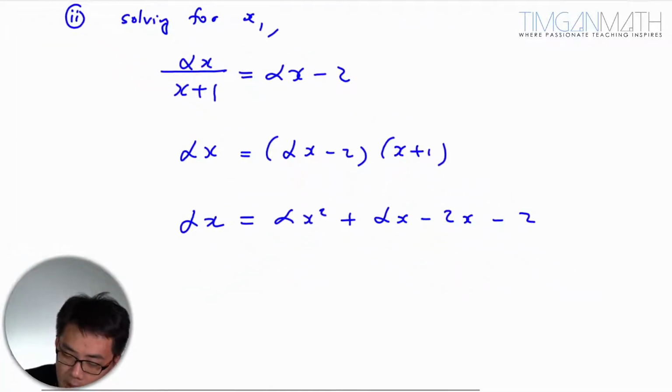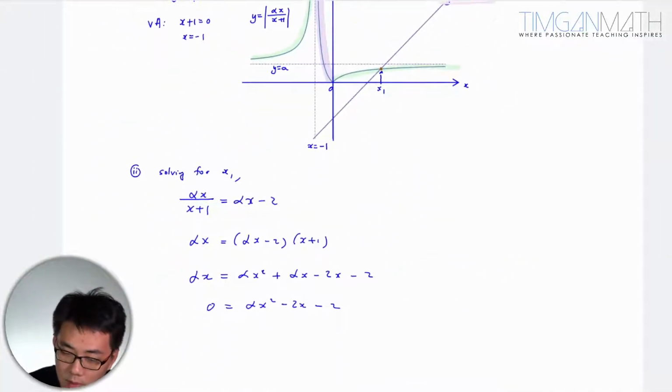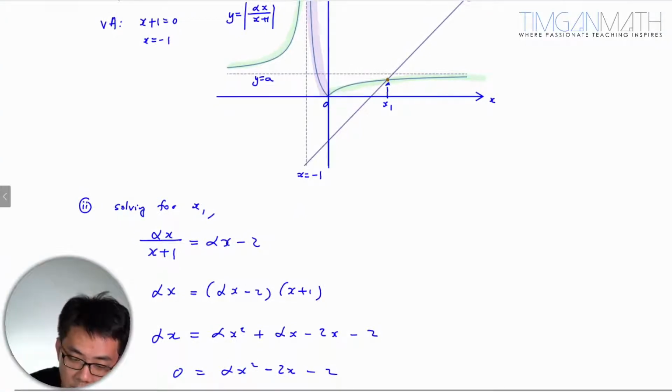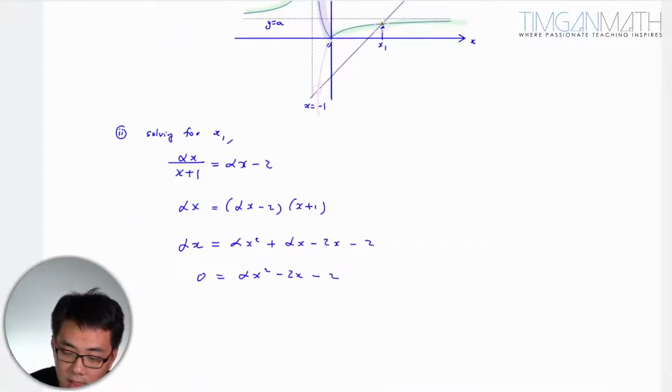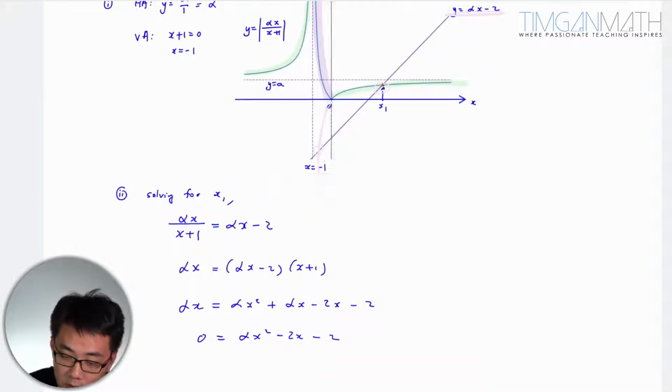Cancel it away. Okay, that's it. The reason why you have two equations is because this green line will stretch down. There's one equation here, one equation here, so it will have two intersections with these two graphs, but we are not going to look at that. We just want the x1.